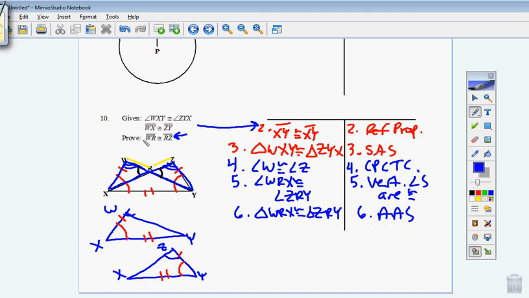And that ultimately helps me show what I'm trying to prove, which is that WR is congruent to RZ, and I know that by CPCTC. So I can say WR is congruent to RZ by CPCTC. Okay? Alright, I'm done.